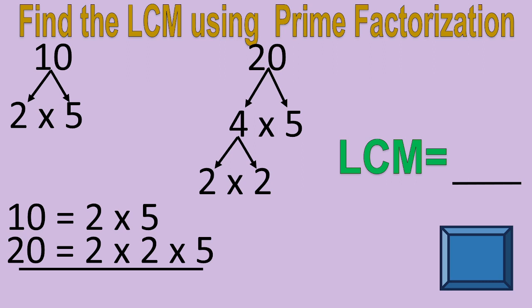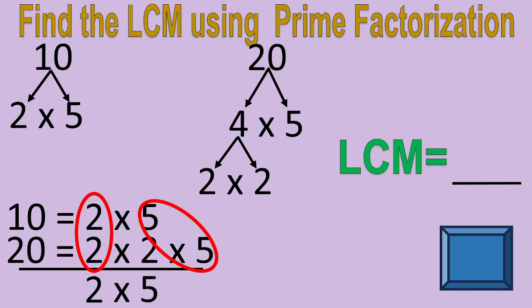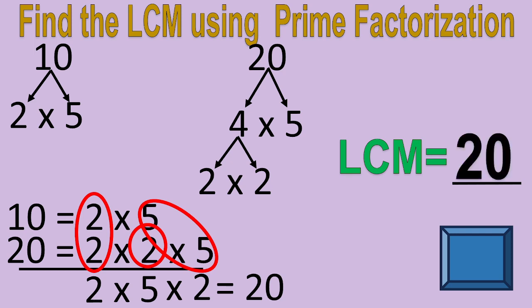Now, the common prime factors of 10 and 20 are 2 and 5. The uncommon prime factor is 2. Now, let us solve. 2 times 5 times 2 is equal to 20. So, the LCM is 20.